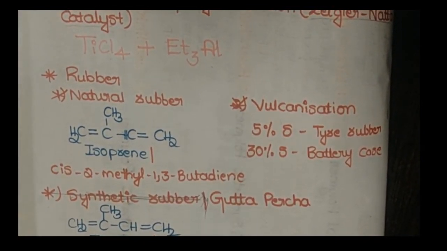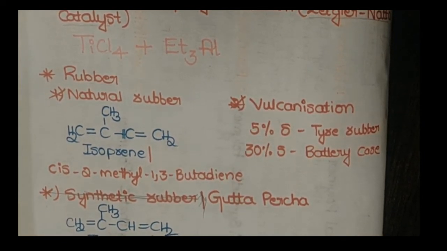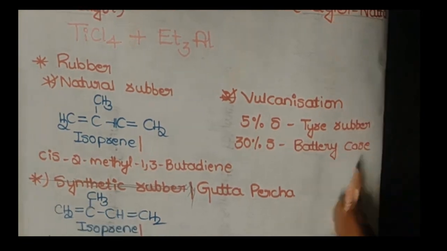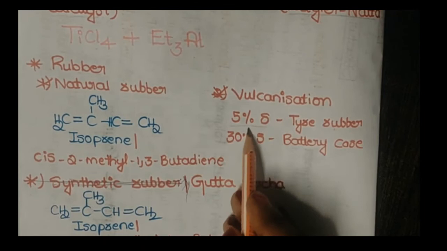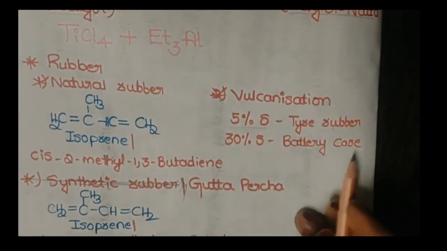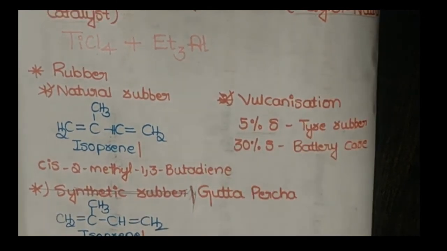The percent of sulfur depends upon the type of vulcanized rubber you want to end up with. For example, if I want a tire rubber, I should add only 5% of sulfur. If I want a battery case rubber, I should add around 30% of sulfur.